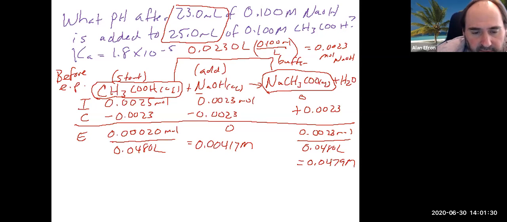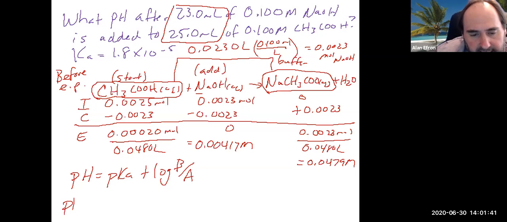That means that we could do another ice table, or again, probably the easier move, just go into our Henderson-Hasselbalch equation. The pKa in this case would equal minus the log of the Ka value, 4.74.